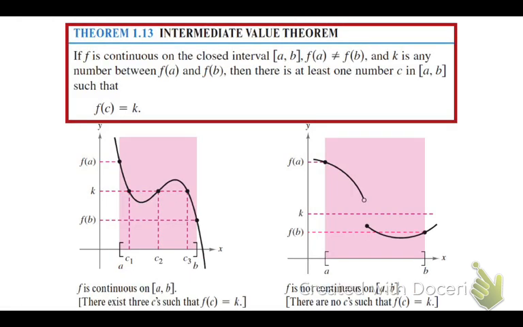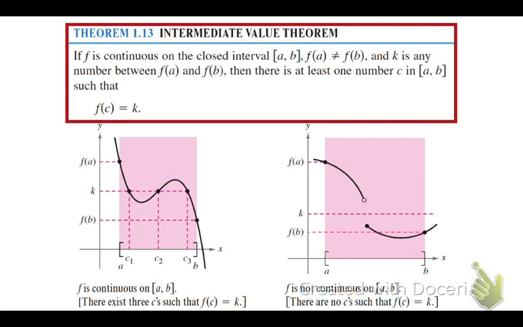Okay, intermediate value theorem. What it says: if f is continuous on a closed interval, a to b, if f of a does not equal f of b, and k is any number between f of a and f of b. Okay, so here's f of a, here's f of b, looking at my picture.